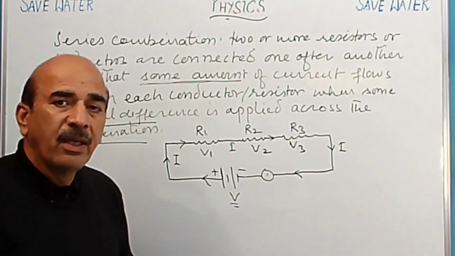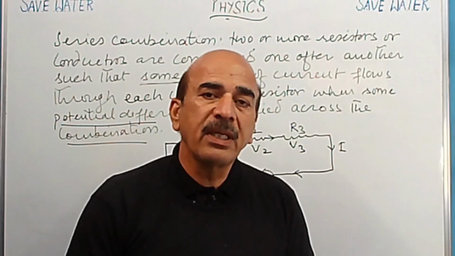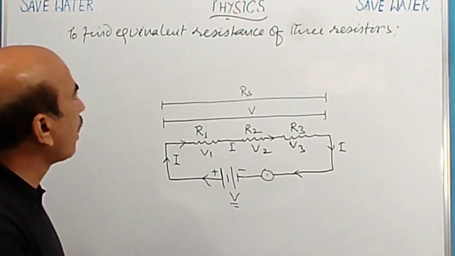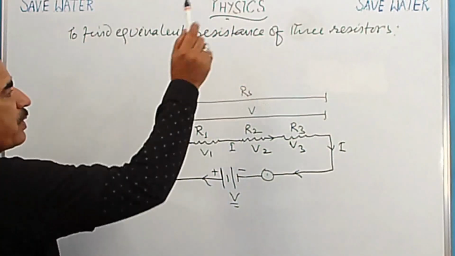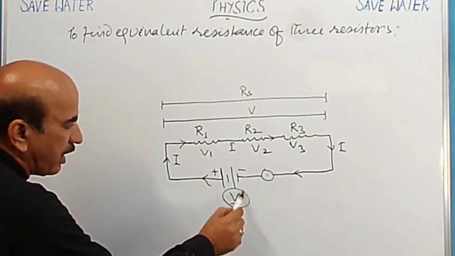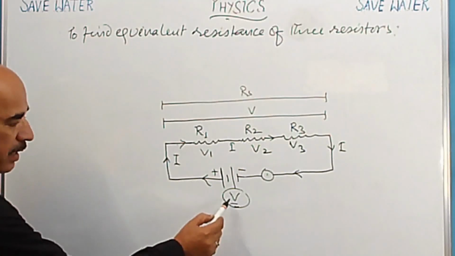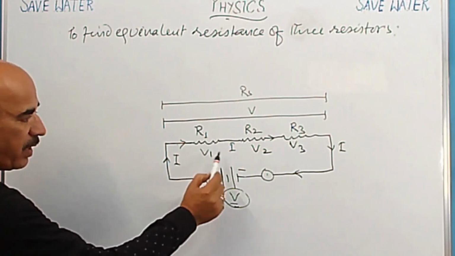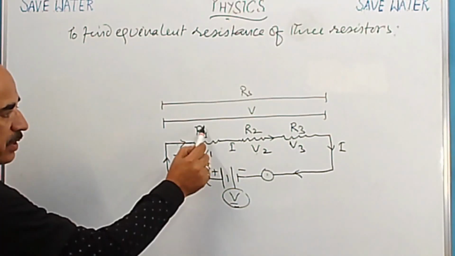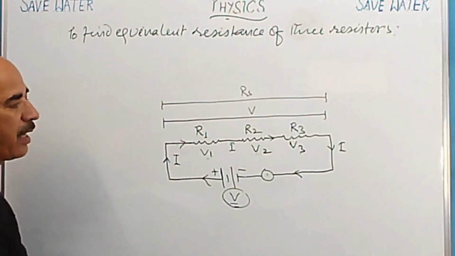Okay, now we are going to find the equivalent resistance of the 3 resistors connected in series. V is the total potential difference applied across R1, R2 and R3. And here V is divided into 3 parts, V1, V2 and V3. V1 is the potential difference across R1, V2 across R2, and V3 across R3, right?